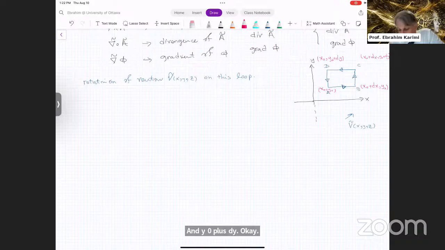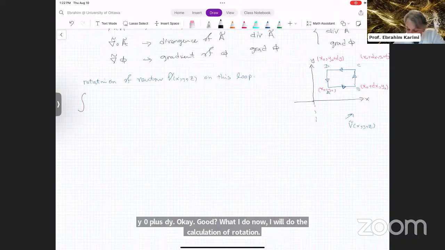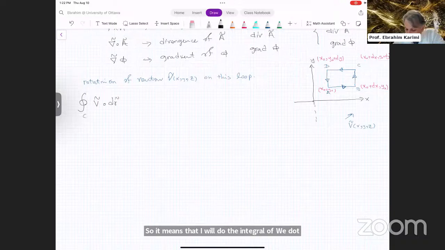Good. What I do now, I will do the calculation of rotation. So it means that I will do the integral of v dot dr on this closed loop.